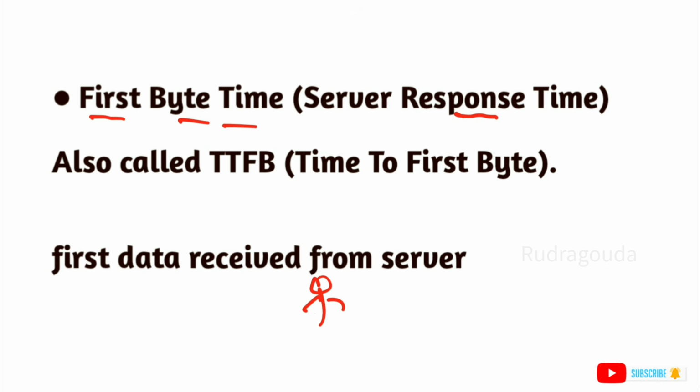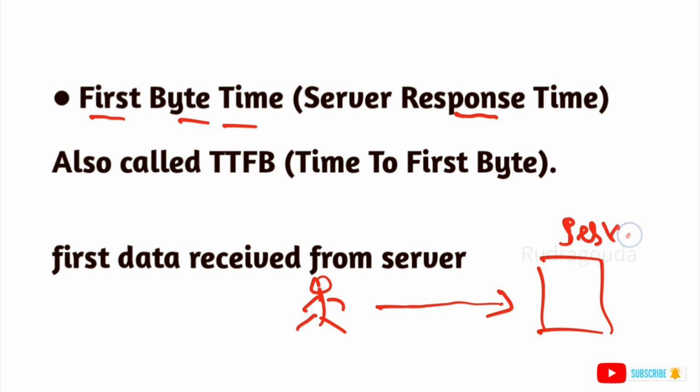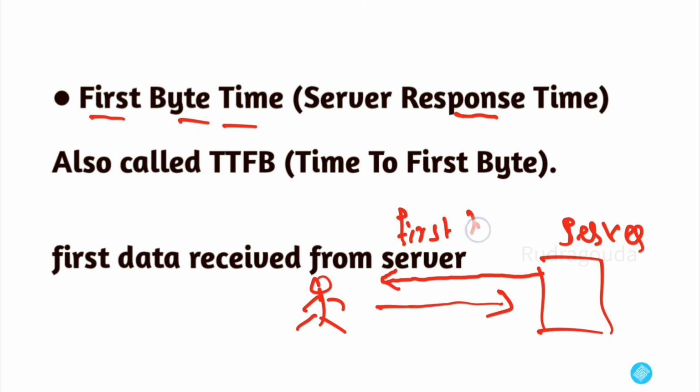Again, you are sitting at home and you order a biryani from the Zomato app. That information will first go to a Zomato server. The Zomato server will view the request you have sent, analyze it, and send back the information to you. Whatever data, whatever byte it sends for the first time, we call that the first byte.